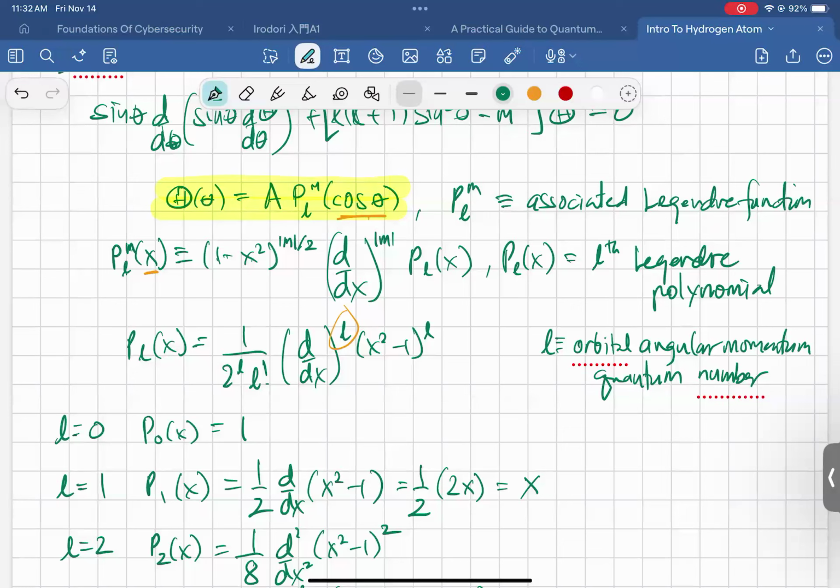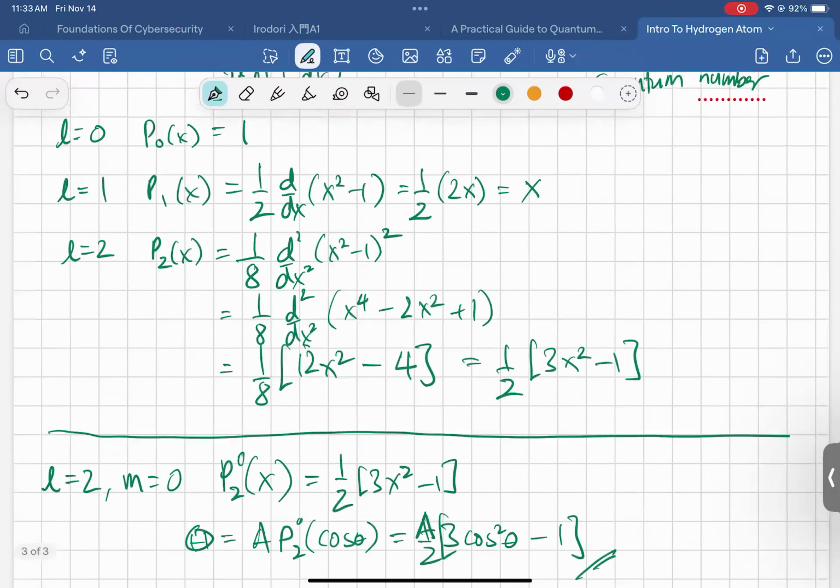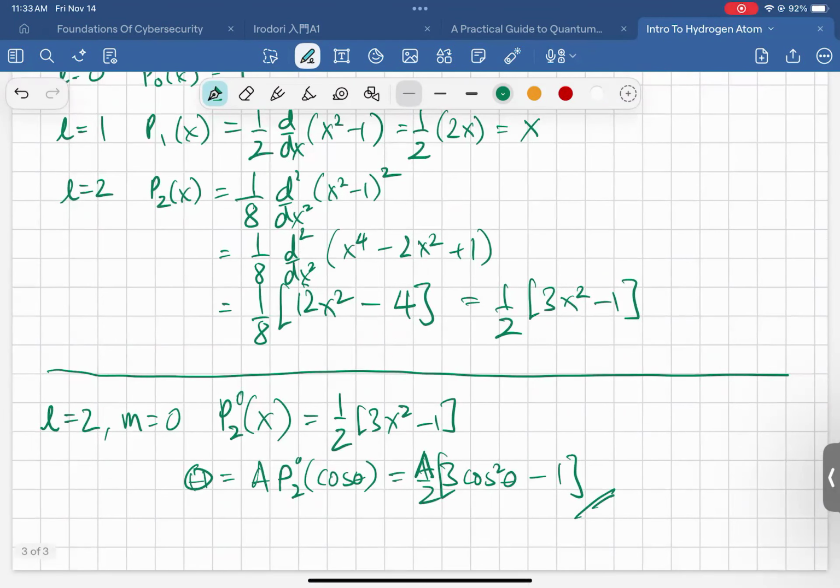Pag sinabi orbital angular momentum, kasi yung electron umiikot around the nucleus, so meron siyang angular momentum. So it's orbiting around the nucleus and yung pag-orbit niya ay merong angular momentum. So yun yung orbital angular momentum. And it turns out na it's also quantized. So yung behavior nila along the xy plane plus yung orbital angular momentum, they're both quantized. So ngayon nakikita na natin yung quantized nature ng hydrogen atom.